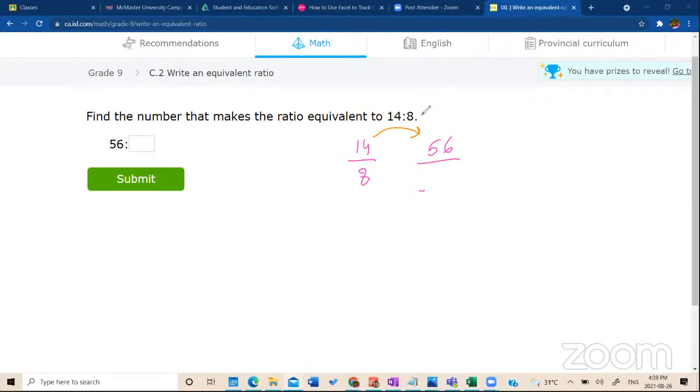And it's going to be 8 divided by 4. It's going to be 2. Okay, I understand why you did 56 divided by 14 to get 4, but you always have to remember that you're going this way. Since you have to go 14 times 4 to get 56, you have to do 8 times 4 to get 32. So you have to make sure that you're multiplying or dividing in the right direction.